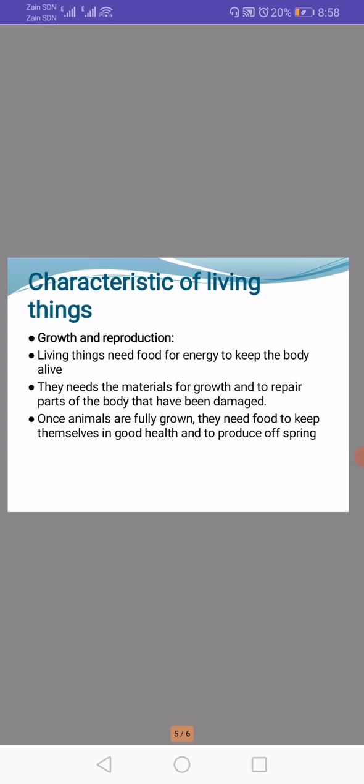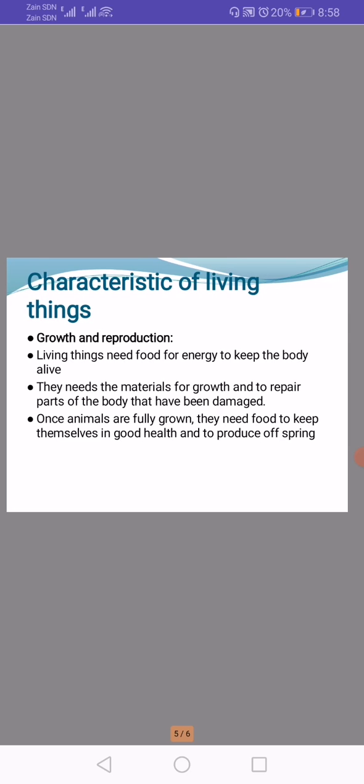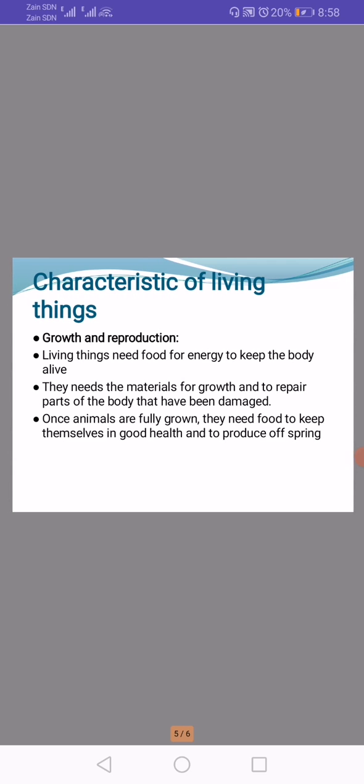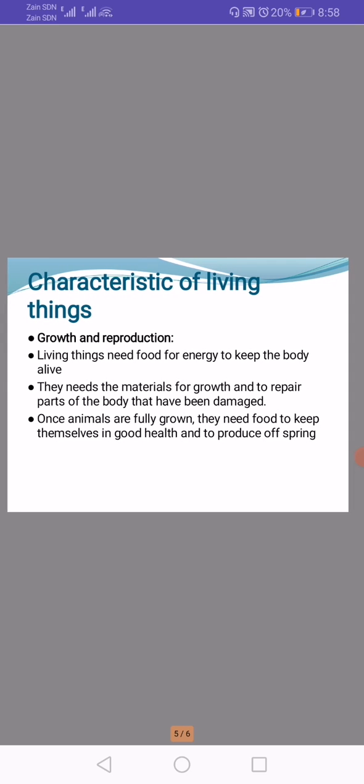Once animals are fully grown, they need food to keep themselves in good health and to produce offspring. So animals keep growing until they become adults. When they are adults, they are ready for reproducing a new generation.